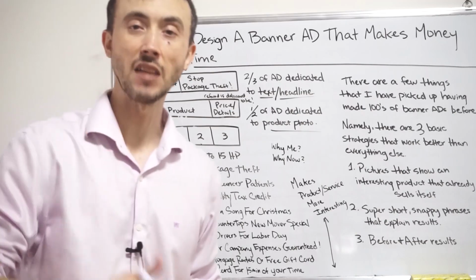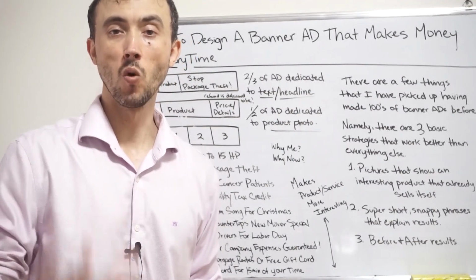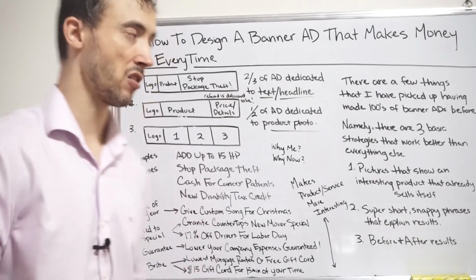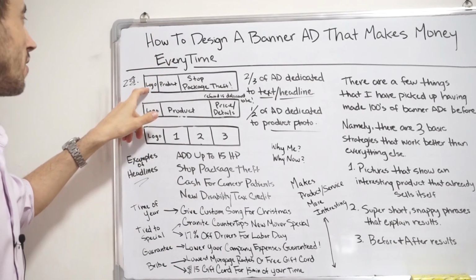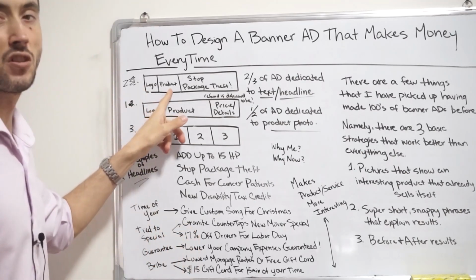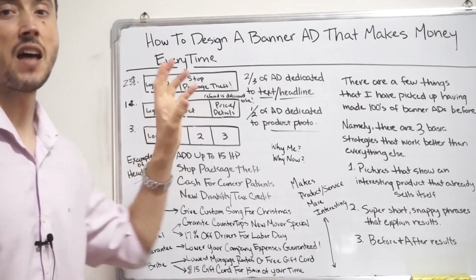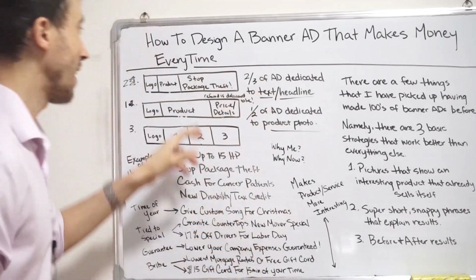You always have to have the logo on there, otherwise you're going to get a clickbait warning from Google, and your ad's going to get disapproved. You've got to have the logo and/or the URL on the ad anyway. But if the product itself is not that self-explanatory or not that eye-catching, that's where you're going to lead.